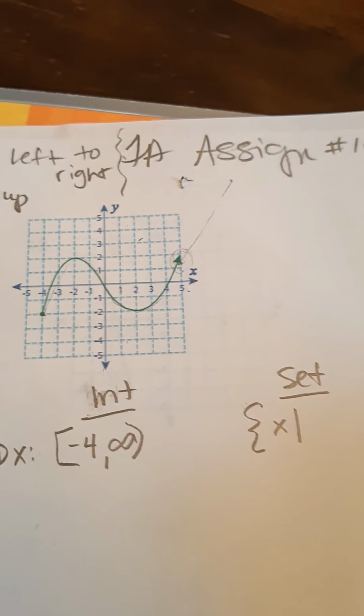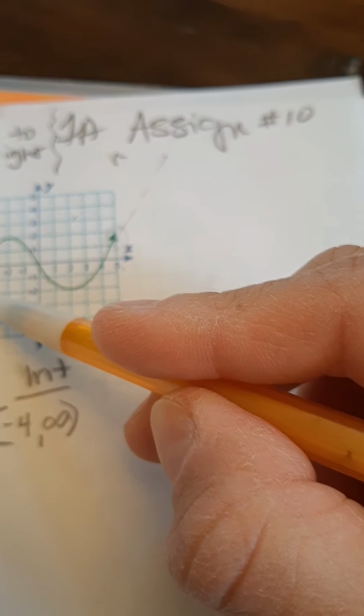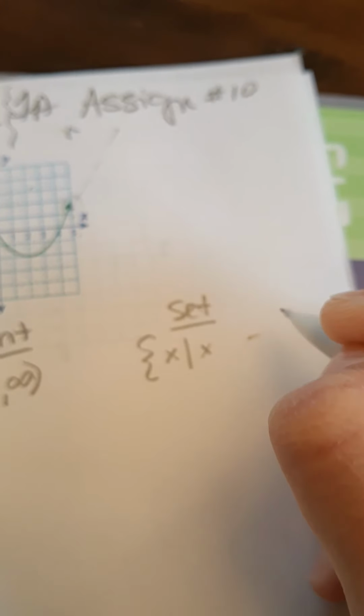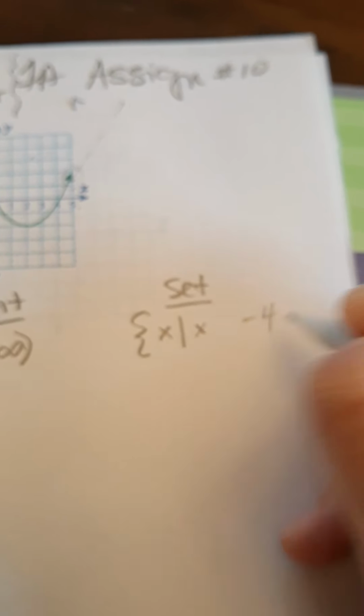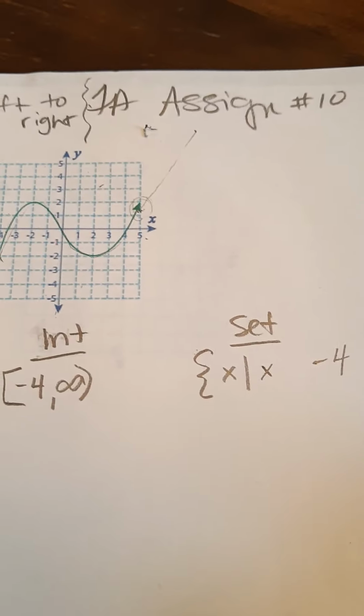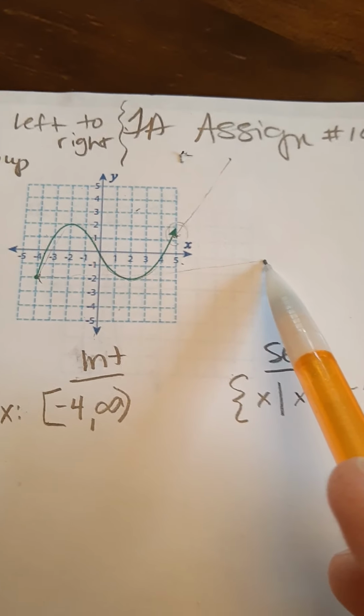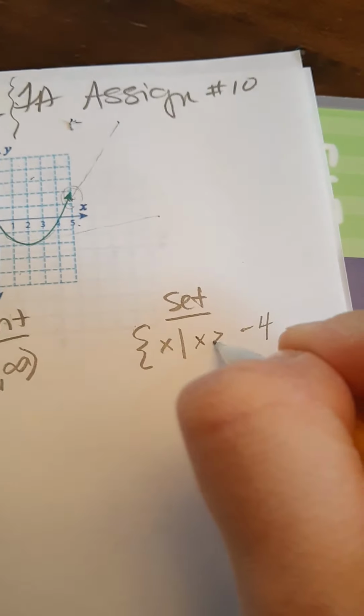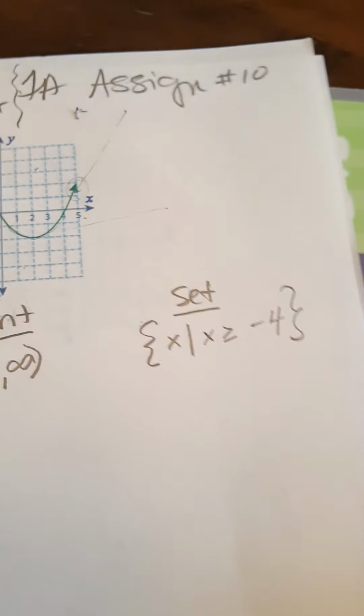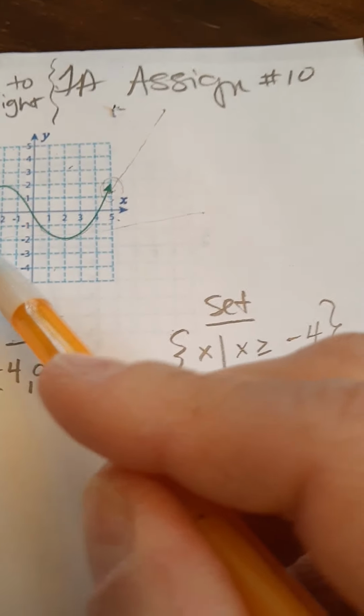All right, your reference point is -4. So x and -4, and think about it, the x values are getting bigger than -4. So this one would be greater than or equal to, and I'm putting equal to because it's a closed circle.